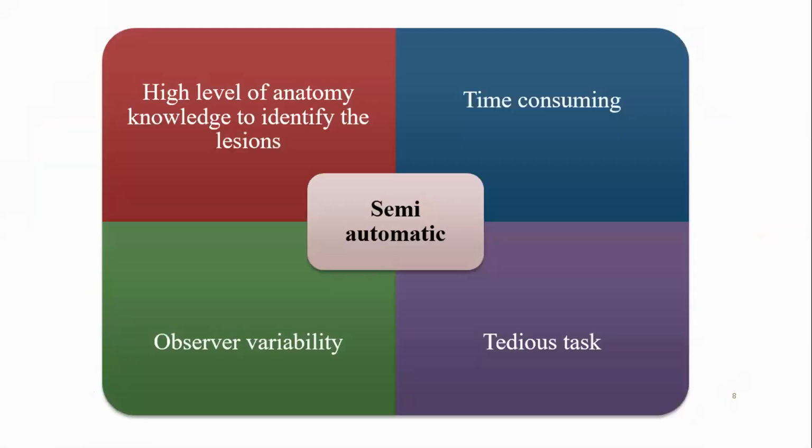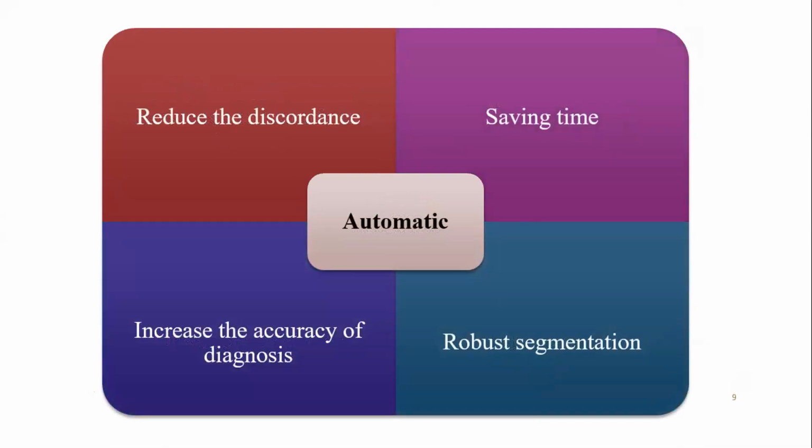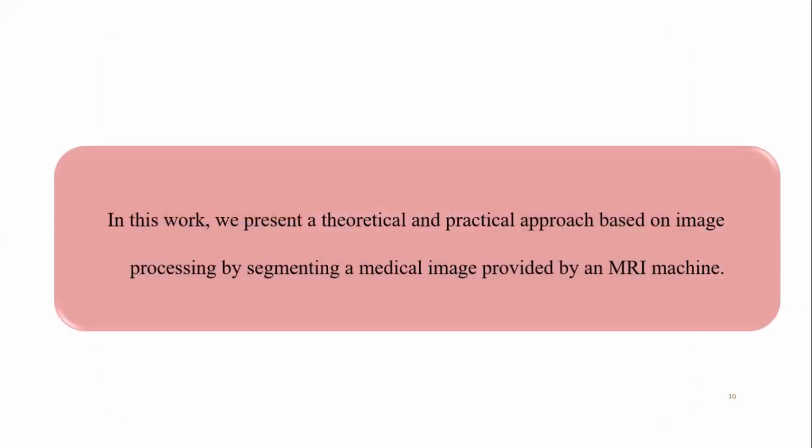The semi-automatic approach requires a high level of anatomy knowledge to identify the lesion, with observer variability, which is a tedious and time-consuming task. But automatic detection reduces the discordance, saves time, and gives a robust segmentation and accuracy of the diagnosis. In this work, we present a theoretical and practical approach based on image processing of medical images provided by an MRI machine.